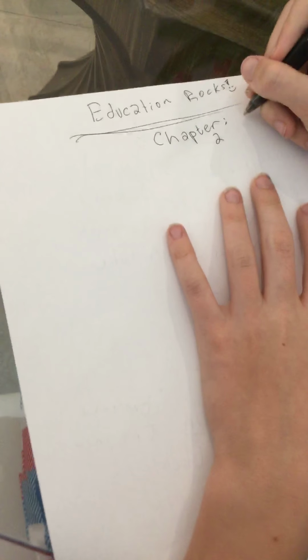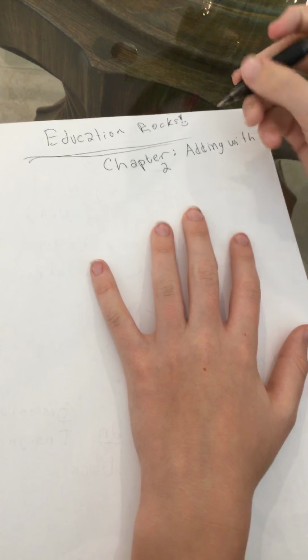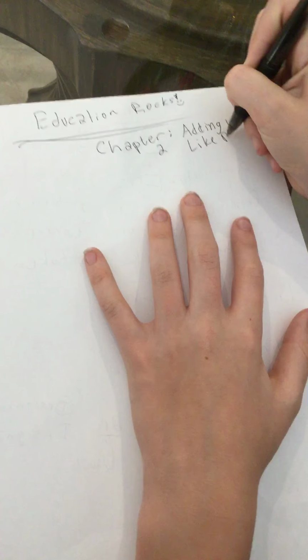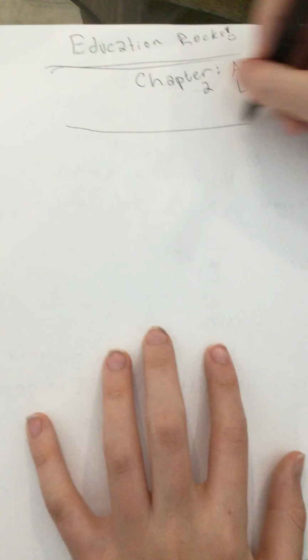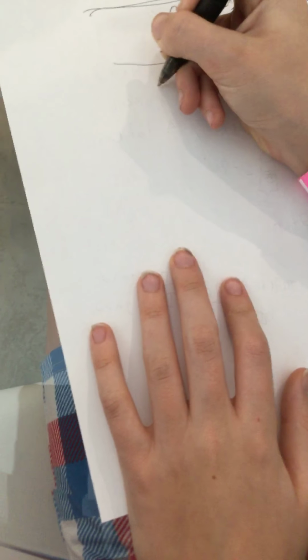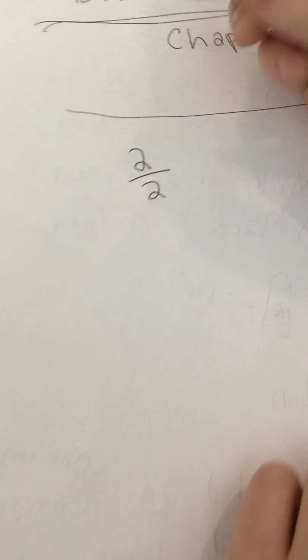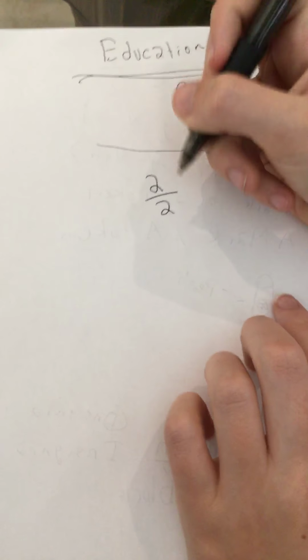So this one's going to be, I think the most simple is adding with like denominators. Barely had any space there. That's okay. So let's just say I'm going to do 2 over 2.